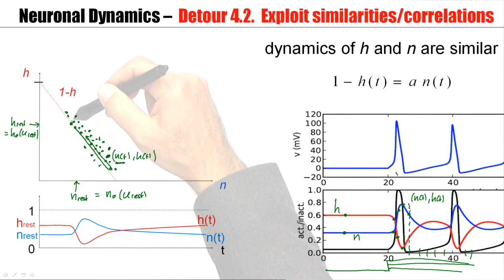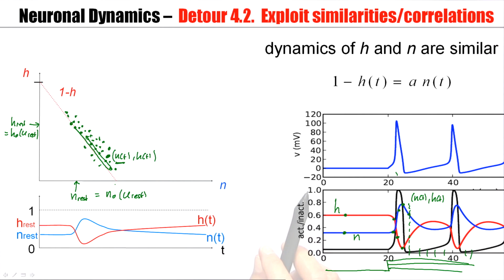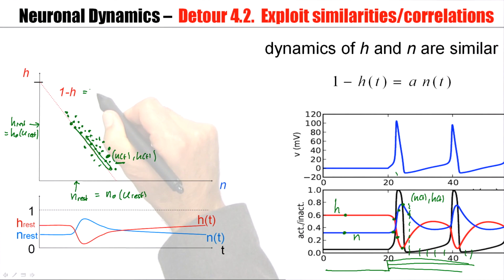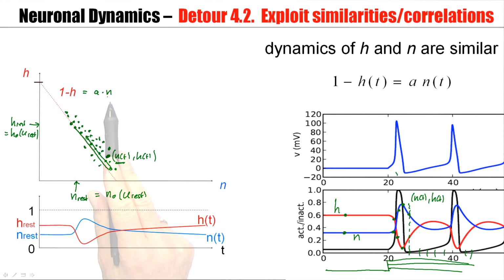And it has a preferred direction. And this preferred direction is given by the red dashed line. So the red dashed line represents the function 1 minus h equals a times n. So if n is 0, I'm here, then the red curve is at 1.